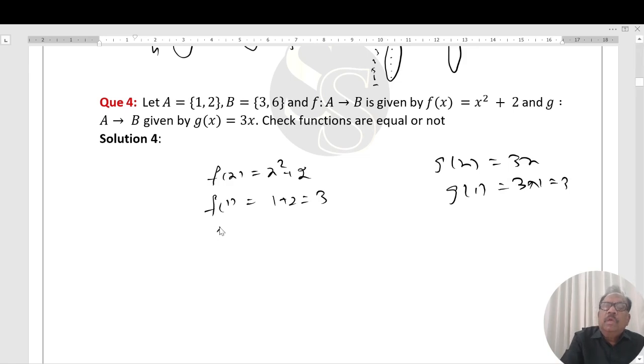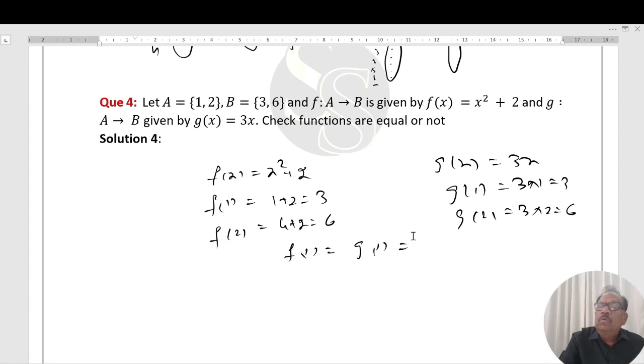In this case, f(2) will be equal to 4 plus 2, 6. g(2) will be equal to 3 into 2, 6. In this case, as f(1) equal to g(1) equal to 3 and f(2) equal to g(2) equal to 6, right?